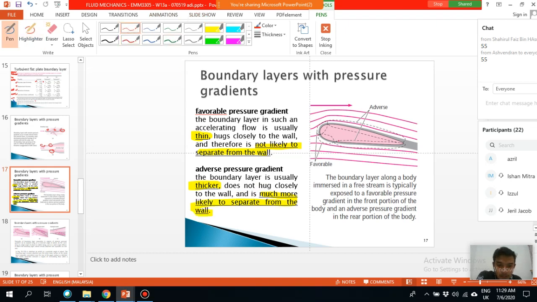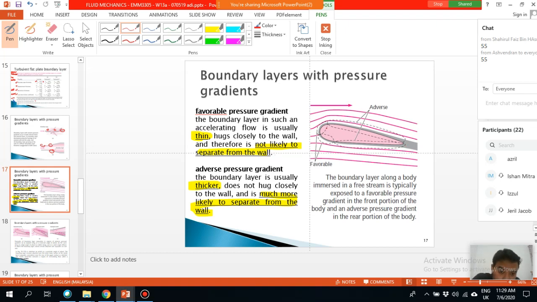So you can see here the grey color, we call the grey color favorable. In terms of favorable gradient, it is thin, it's not likely to separate from the wall.